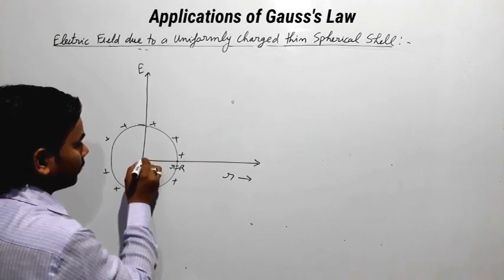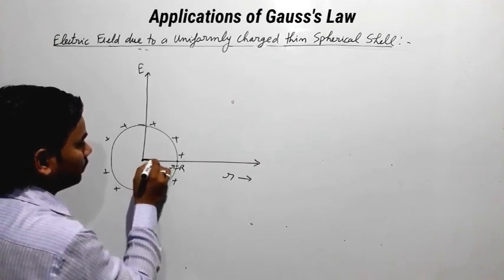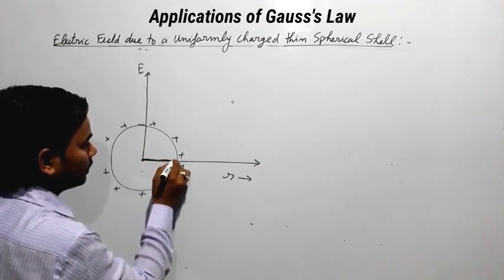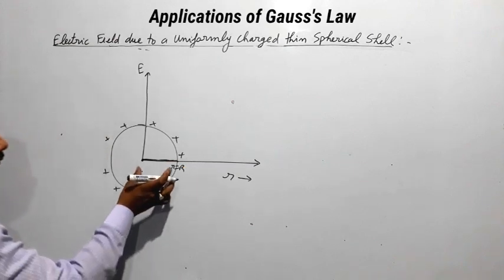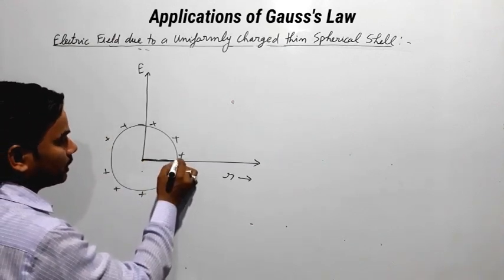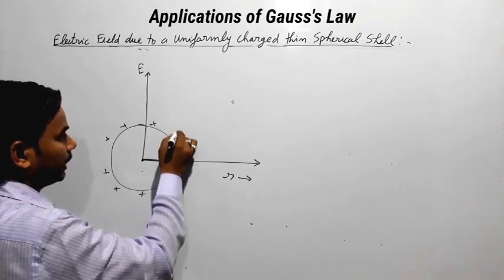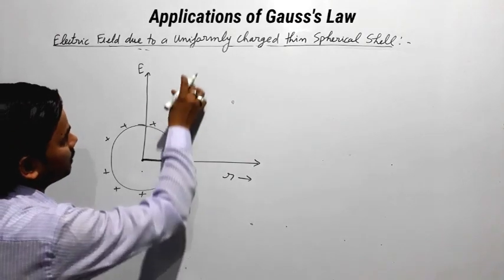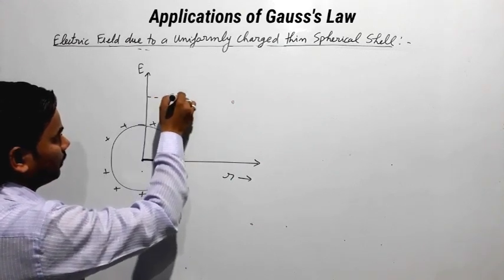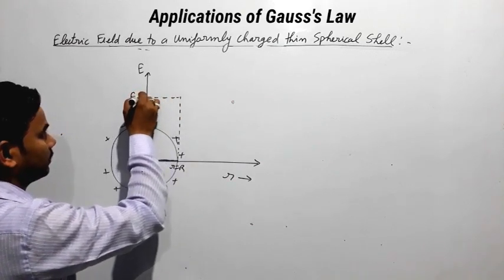So as we move from the center of this spherical shell towards the surface, the electric field will be 0 inside the surface, and at the surface the electric field will be maximum. We consider this is the maximum value of electric field, E max.